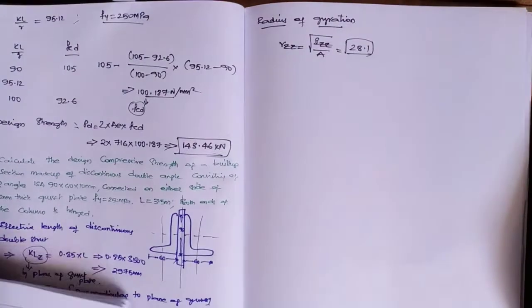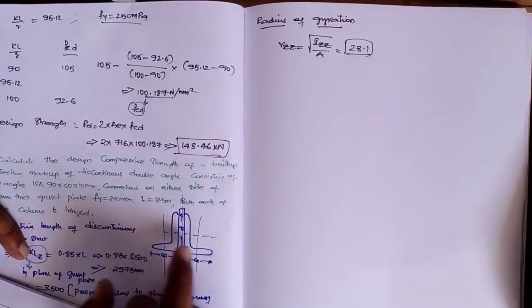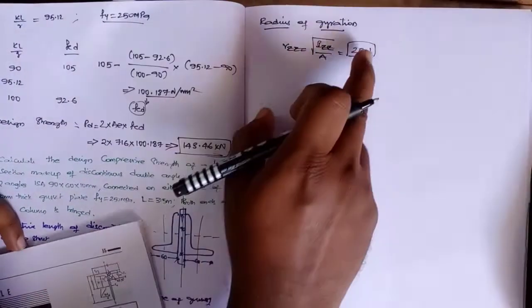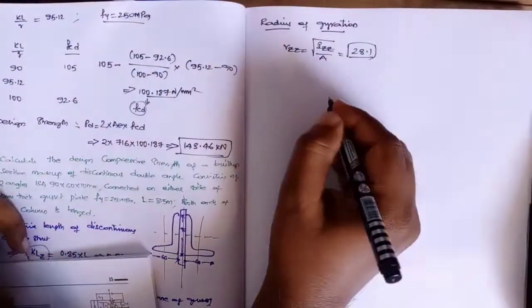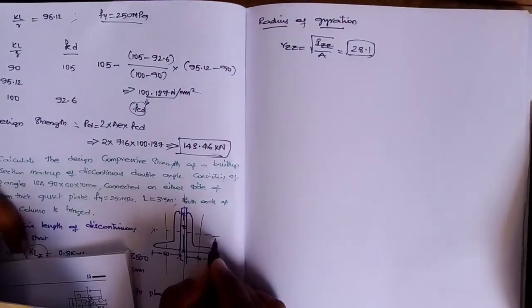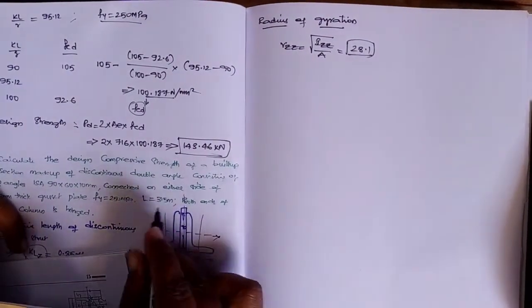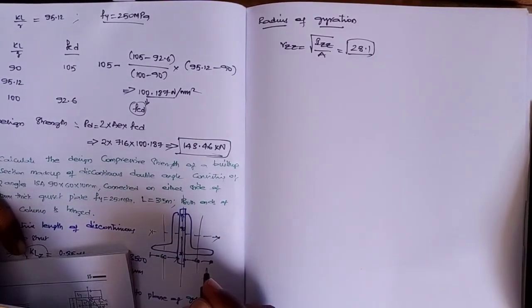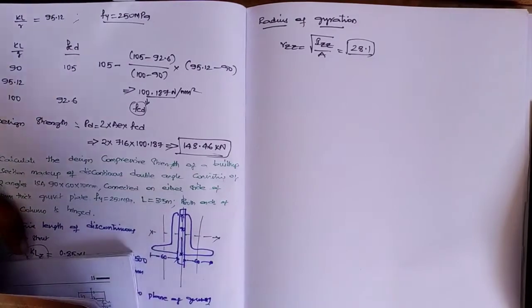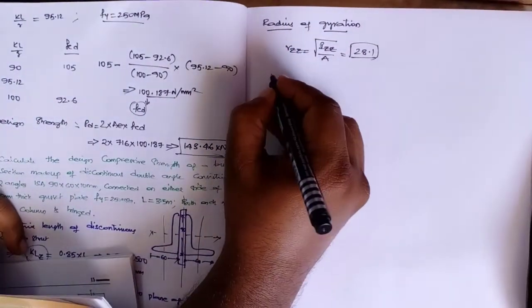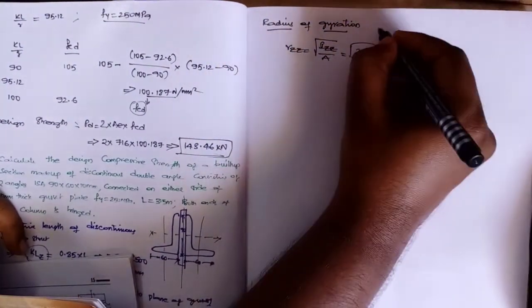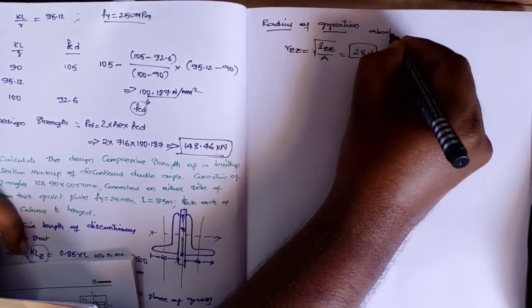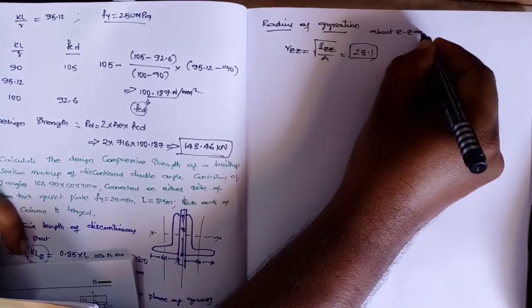Even though it is double angles, why are we taking only a single one? The reason is the axis is constant for the whole section or individual sections. Next, this is about the ZZ axis.